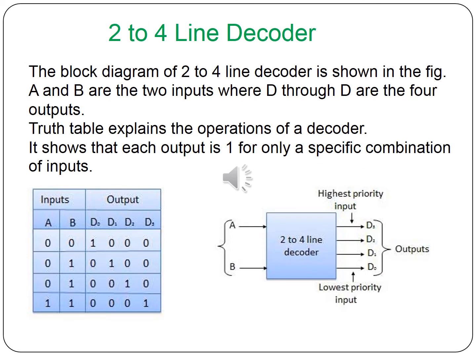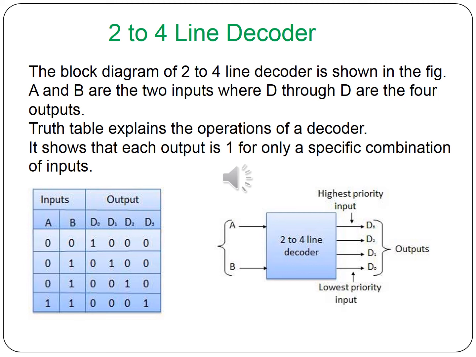The next topic is the 2 to 4 line decoder. The block diagram of the 2 to 4 line decoder is shown in the figure. It has two inputs, A and B, and the data is available on any of the 4 output lines of the decoder.